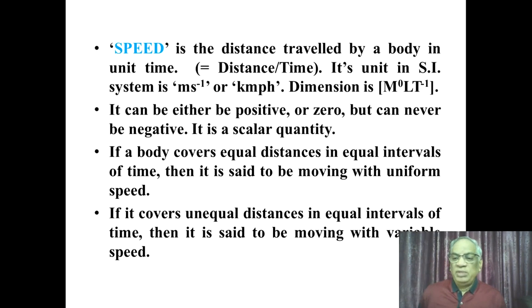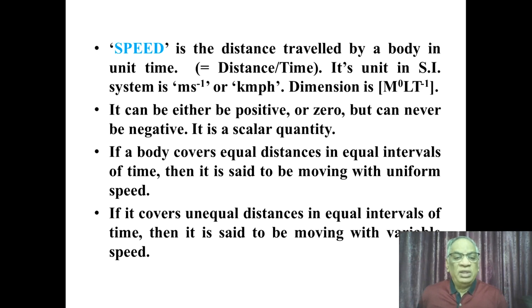Then, like displacement and distance, we have two more terms, speed and velocity. Speed is the distance traveled by the body in a unit time, that is distance by time. Its unit in SI system is meters per second or kilometers per hour. Dimension is M0 L T minus 1. The speed can be positive or zero as it is a scalar quantity.